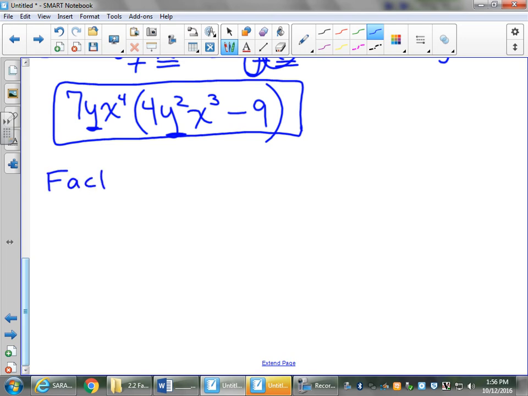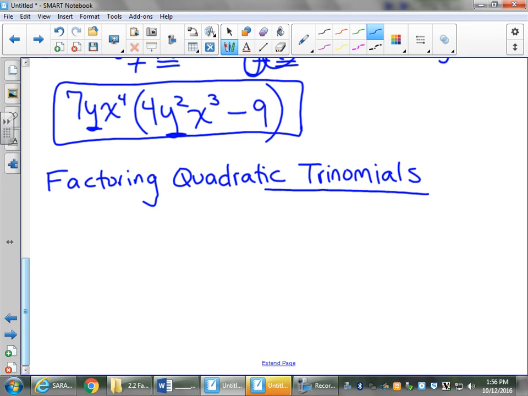Factoring quadratic trinomials is the topic. The ones we're going to focus on today have a values that are all equal to 1, or that we can make 1 fairly easily. So these are basic quadratic trinomials.